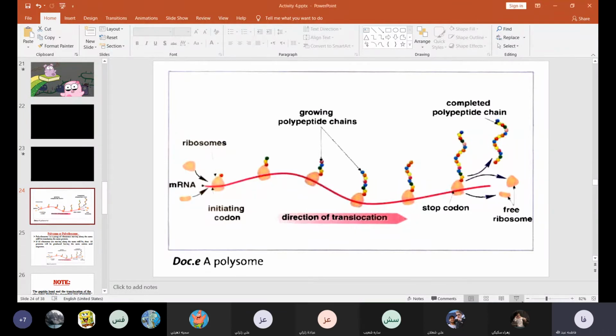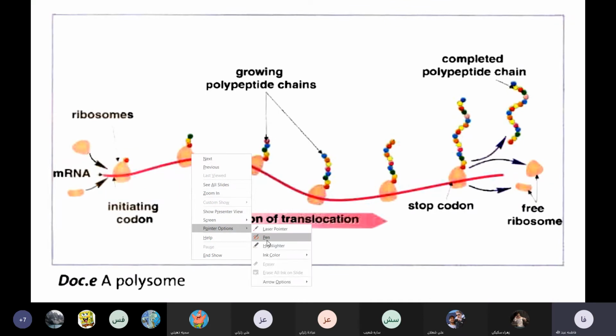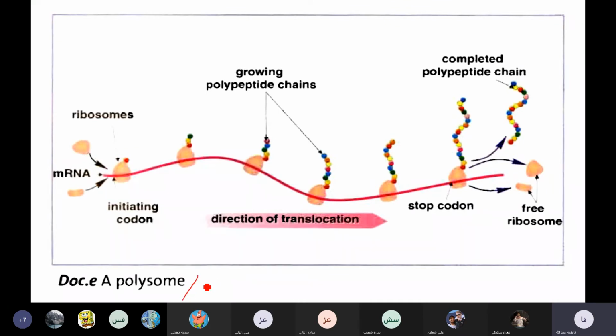Yeah. So the last idea we have is the polysome. What is a polysome? Or call it polyribosome. From its name, poly means many. So it's many ribosomes.